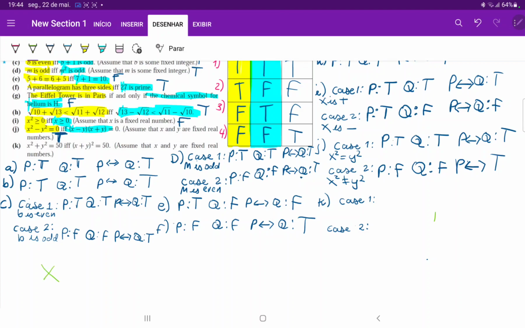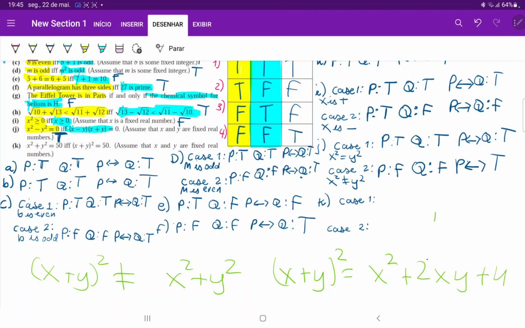We know from our basic algebra that x plus y squared does not equal x squared plus y squared, because x plus y squared is equal to x squared plus 2xy plus y squared.